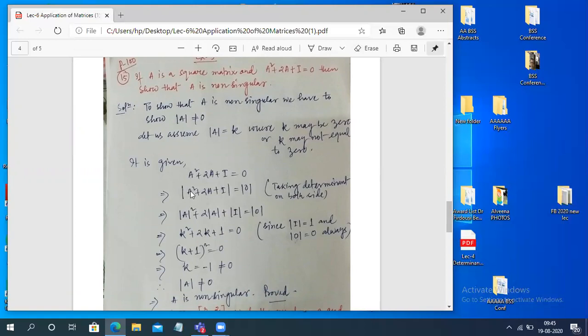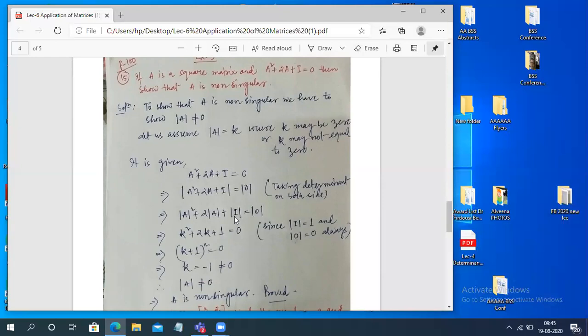Now by the property of determinants, we can write the determinant of the whole relation as determinant of A square plus 2, the scalar will come outside, determinant of A plus determinant of identity matrix is equal to determinant of the zero matrix.